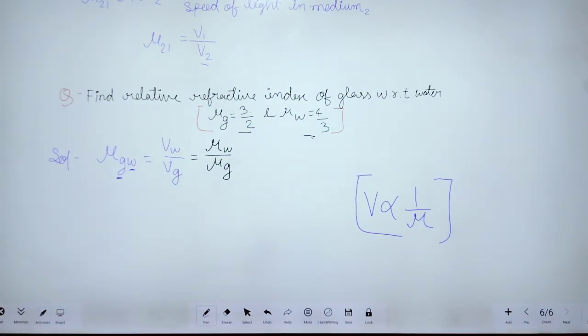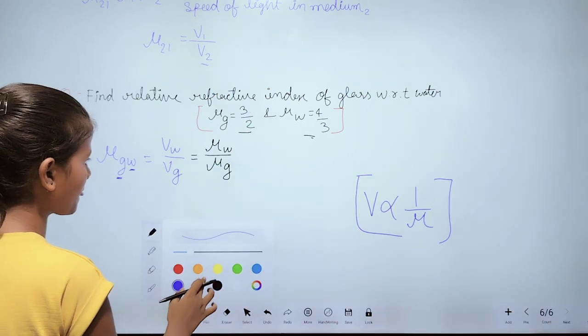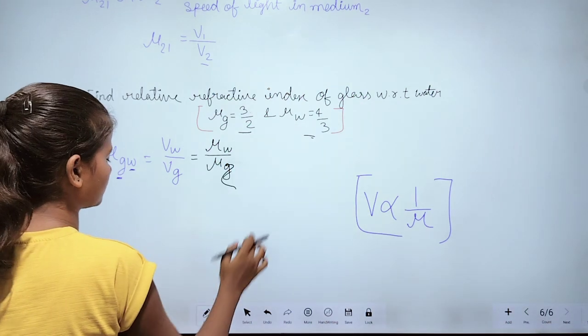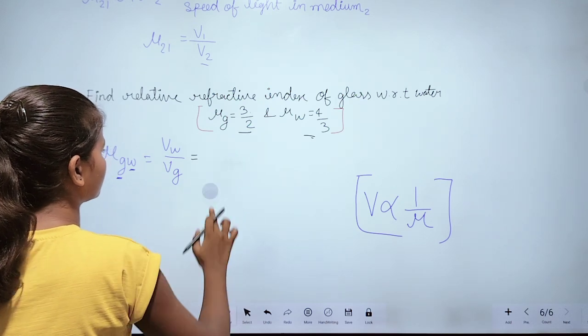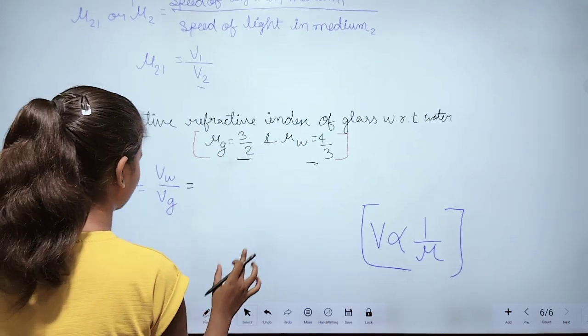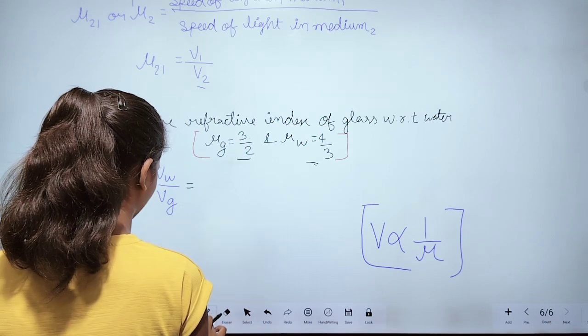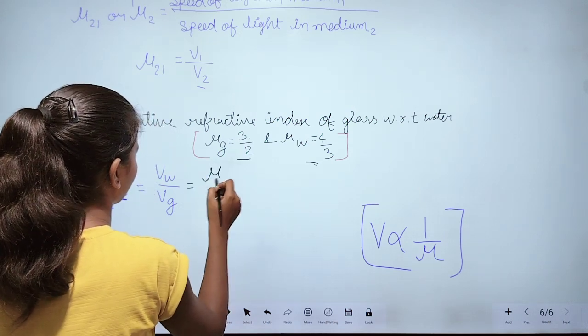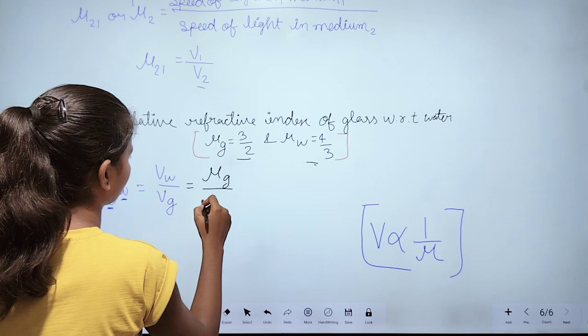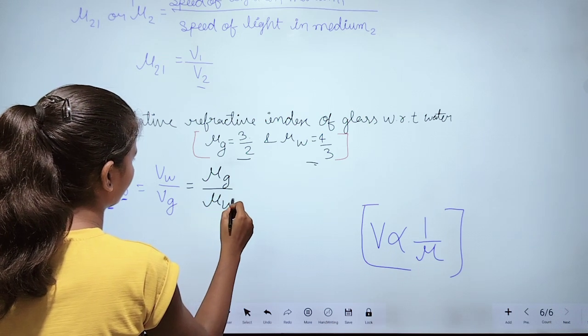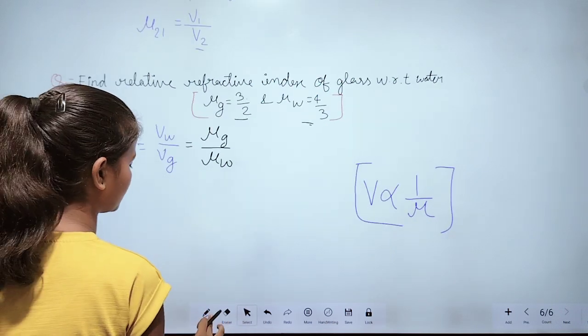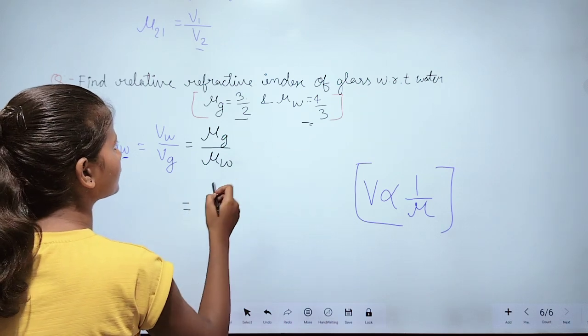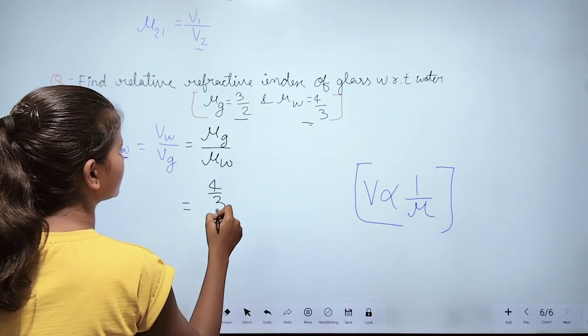V is inversely proportional to mu. That's why, being inversely proportional, we write mu G by mu W.